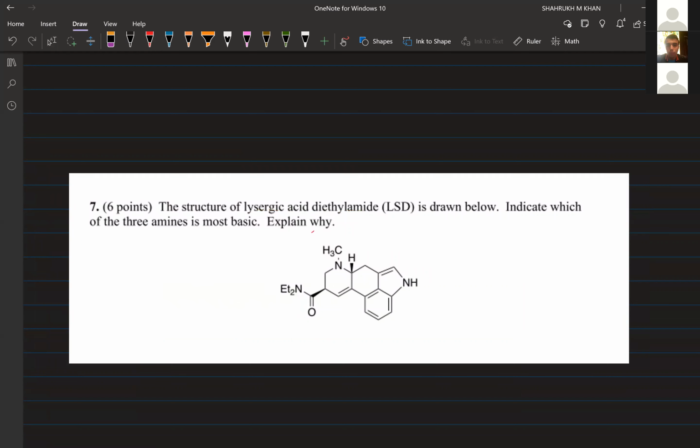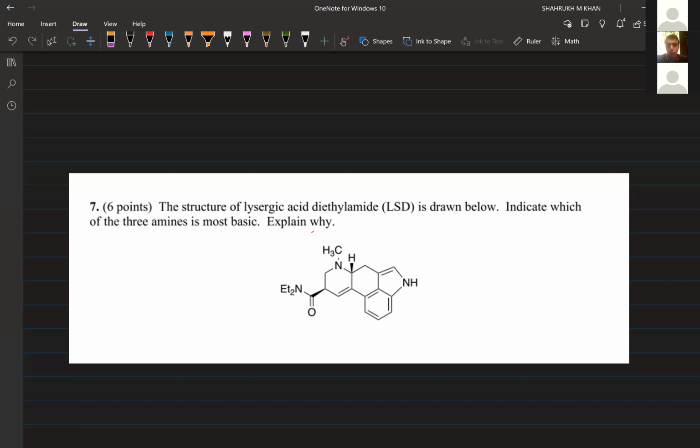Indicate which of the 3 amines is most basic. So Jalen there, sorry, just saw this, and this is vice versa. When you're extremely basic, you're in conditions where there's a lot of base present, or OH minus, whatever you want to consider basic. You have an excess of base.